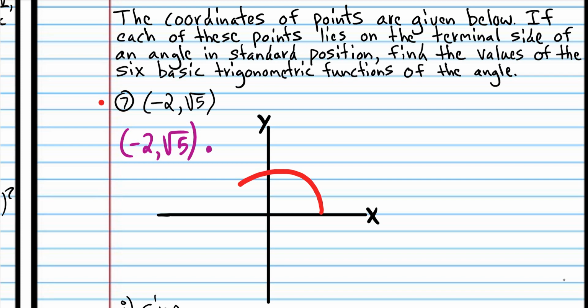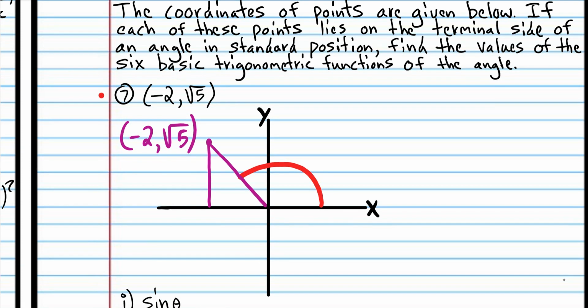So what we can do is draw a triangle, and again, it doesn't matter how big or small the triangle is. The shape of the triangle is determined by the angle here, and the fact that this is a right angle.